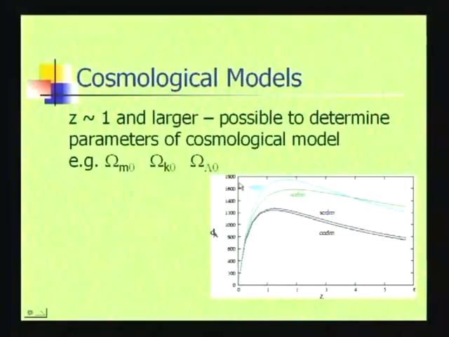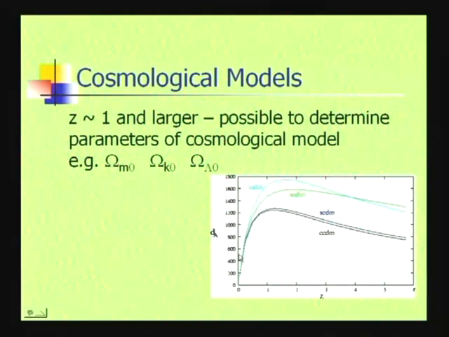So, if you have a model where you have 3 parameters, omega matter naught, omega curvature naught and omega lambda naught, for example, then the distances depend on the choice of these values of these parameters. They are quite different.